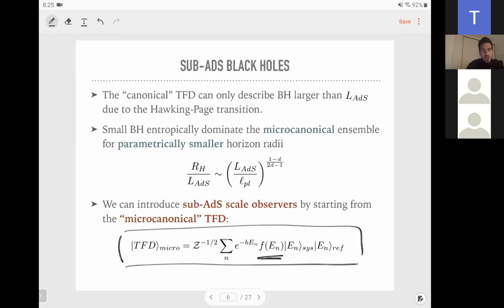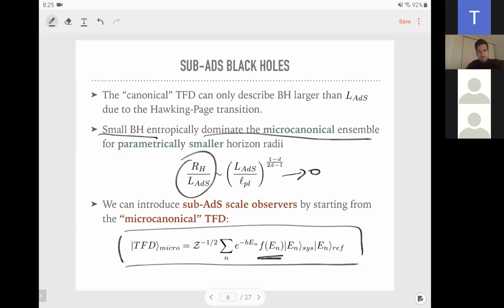This type of microcanonical black hole can be made much smaller than L_AdS. Namely, small black holes dominate the microcanonical ensemble for black hole radii that go to 0 as I take n to be large. So we can make these observers much, much smaller.